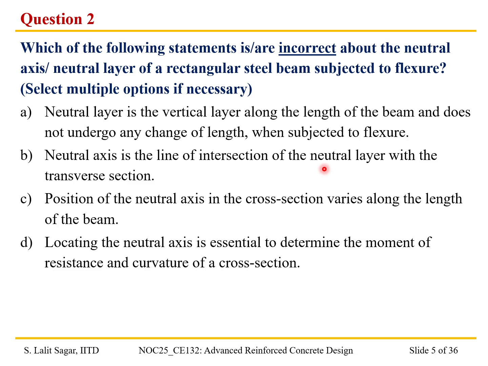The third option is position of the neutral axis in the cross section varies along the length of the member. And the fourth option is locating the neutral axis is essential to determine the moment of resistance and curvature of a cross section. Out of these, option A and C are incorrect.